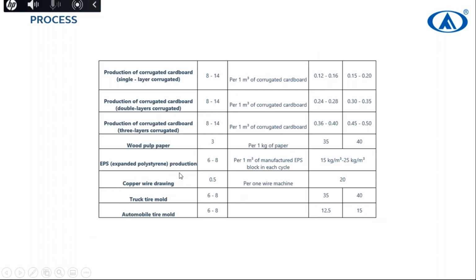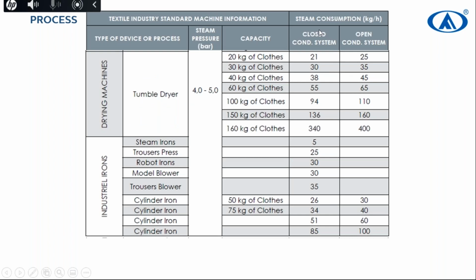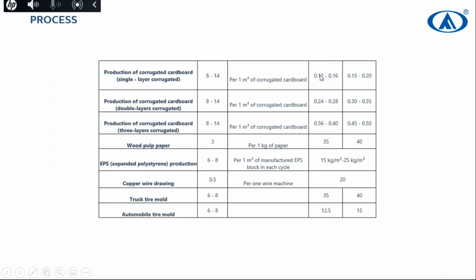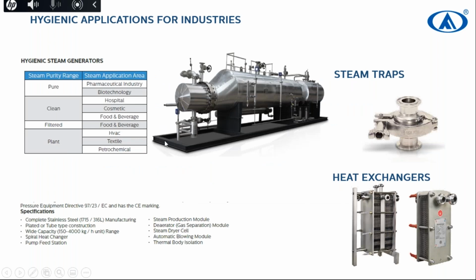And for the corrugated cardboard industry, also with closed condensate system, 0.12 kilogram per hour per cubic meter of the corrugated cardboard. You can print screen, these are the process screens.